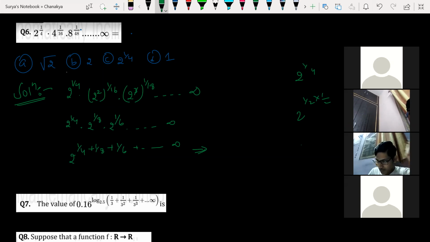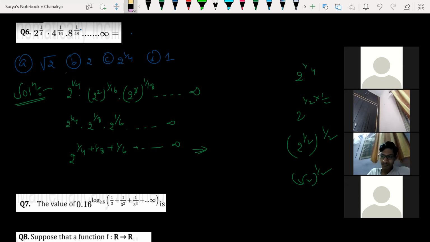Is it clear or not? Yes, sir. So this can be root 2 whole to the power of 1 by 2. Now can I tell which option is available here?